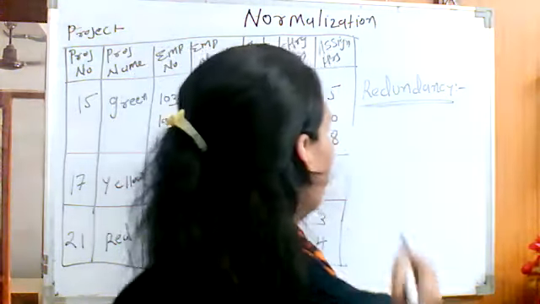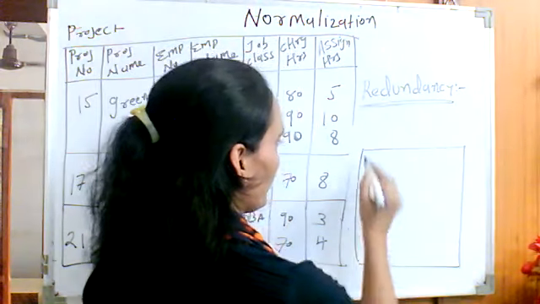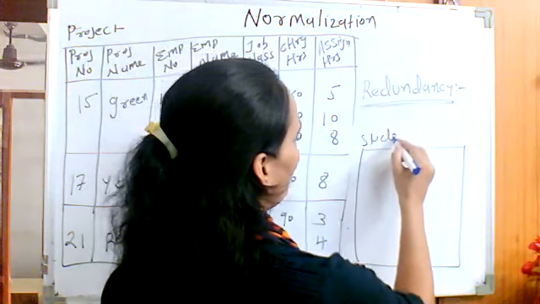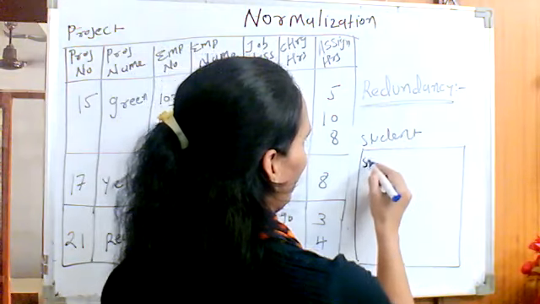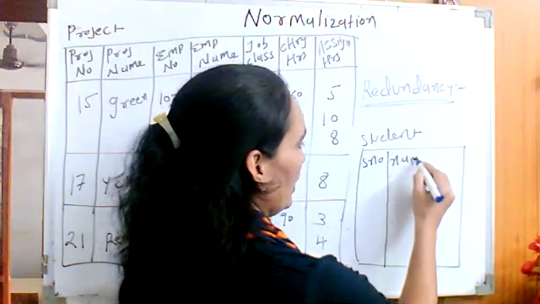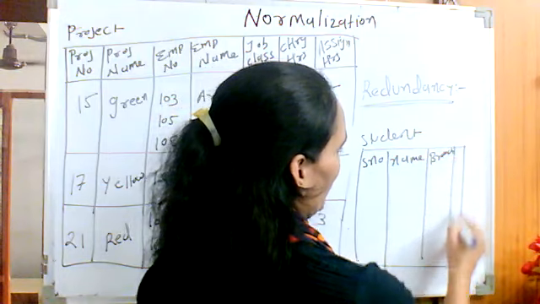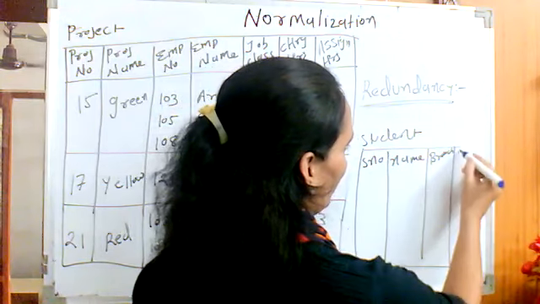For example, we have one student table and there are records of student number, student name, branch and HOD.